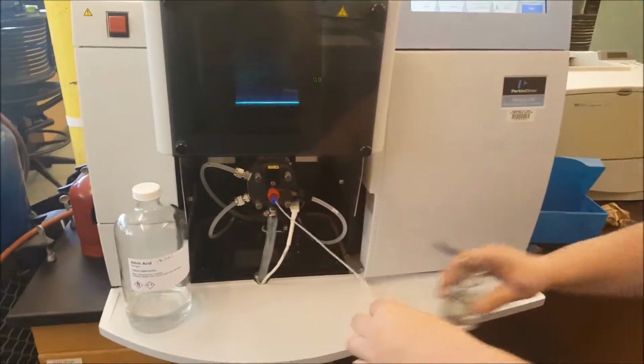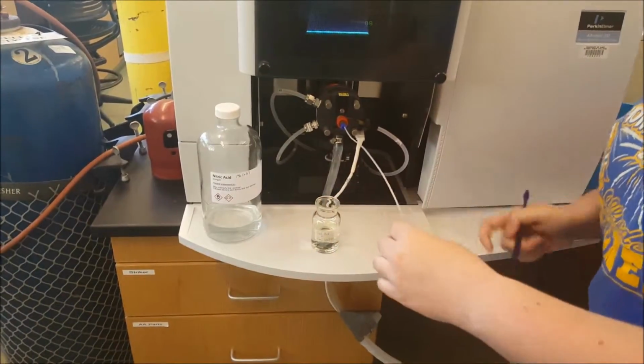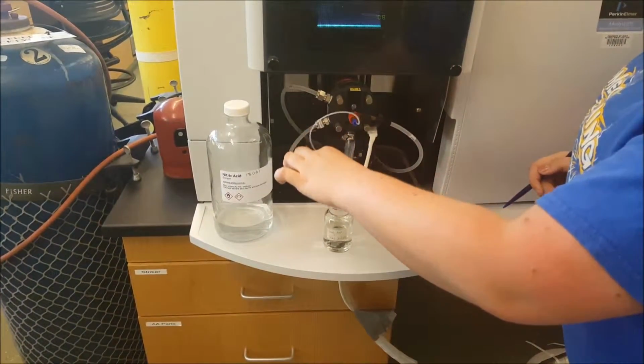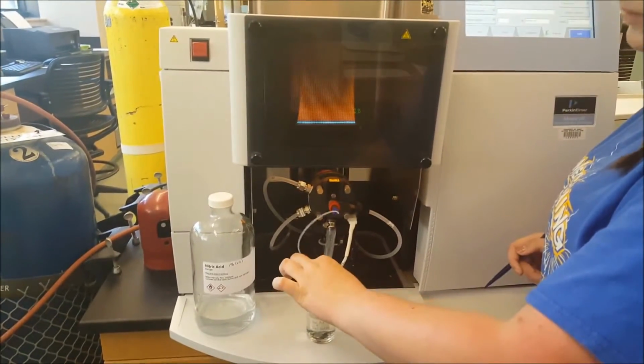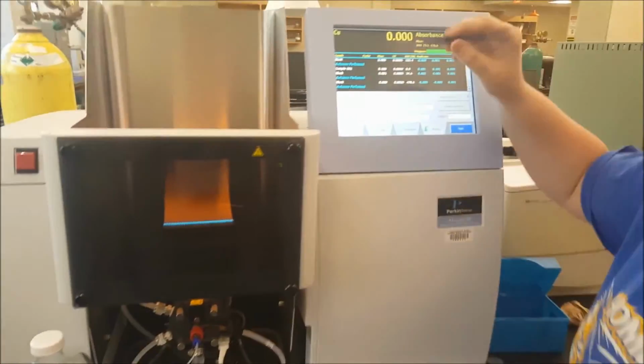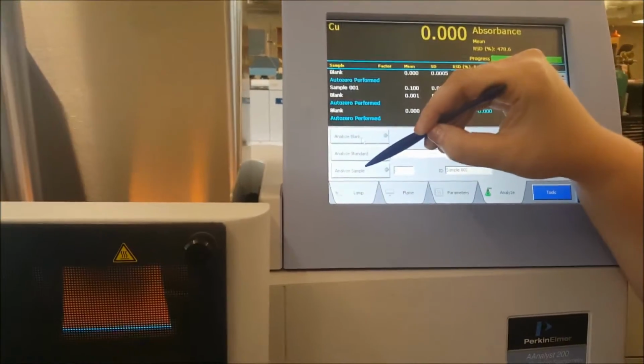I'm going to take our sample. And we're starting from the lowest concentration going to higher. We're going to put the capillary tube in the sample. And we're going to give it about a 3-second delay until the flame is ready. And then I'm going to press Analyze Sample.